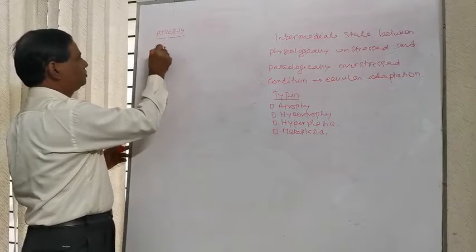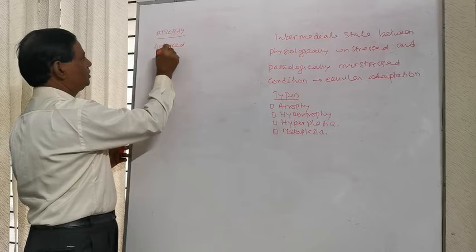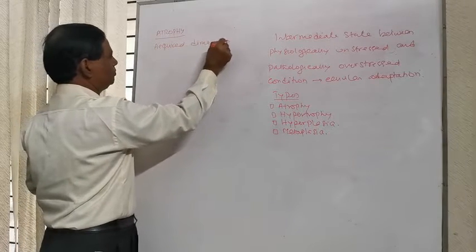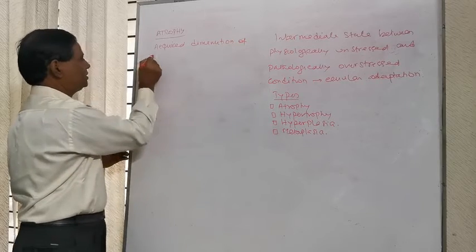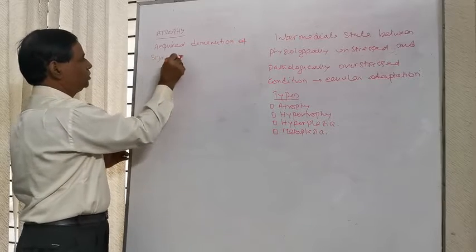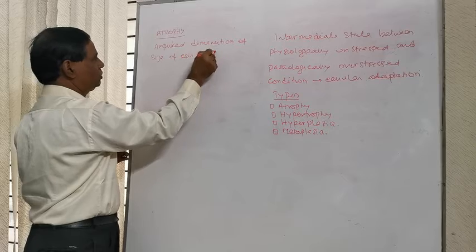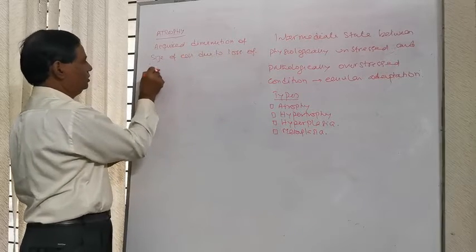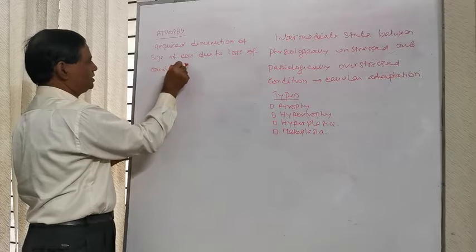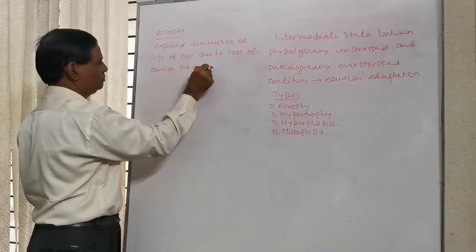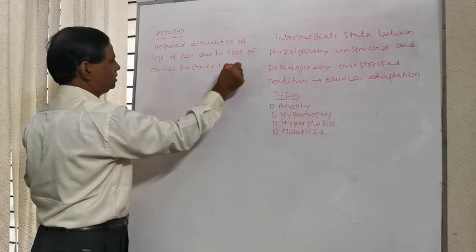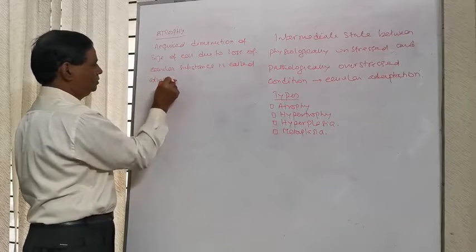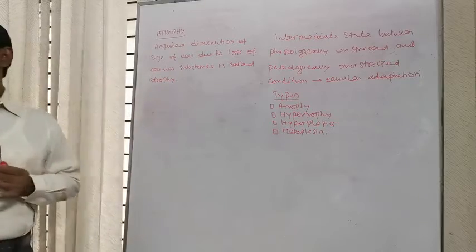Acquired diminution of size of cell due to loss of cellular substances is called atrophy. So, it is acquired diminution.